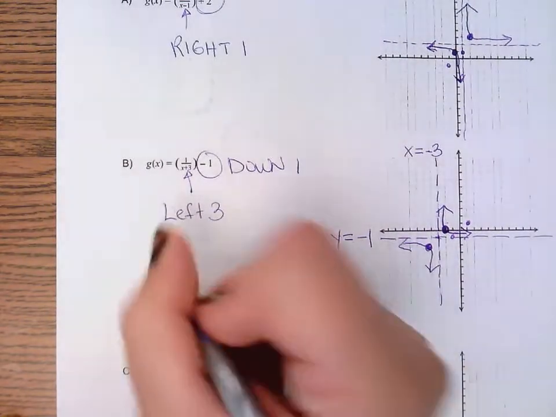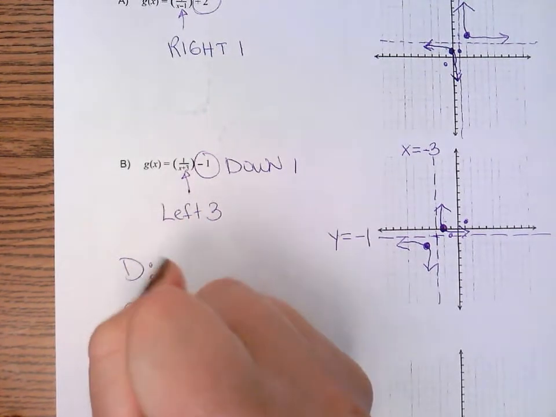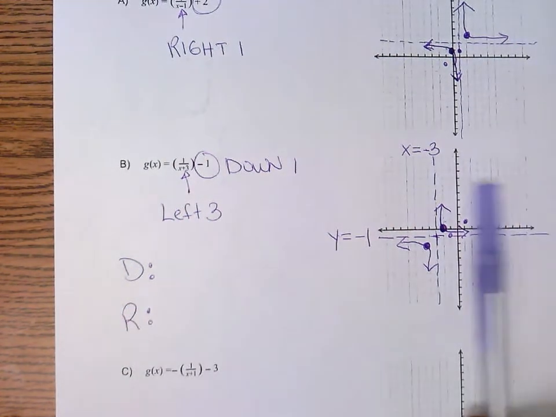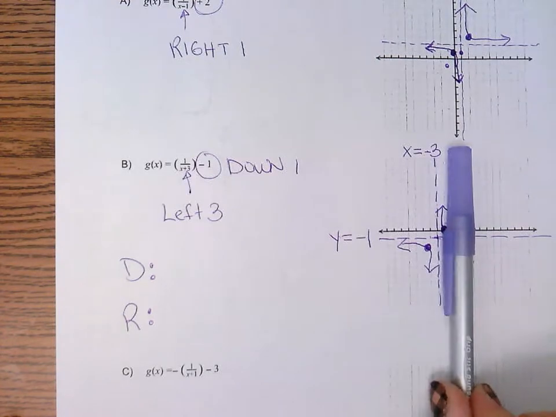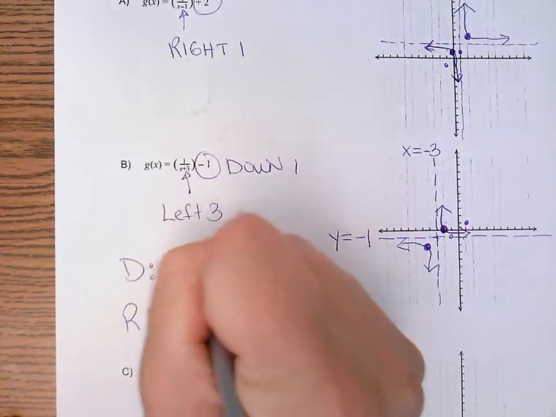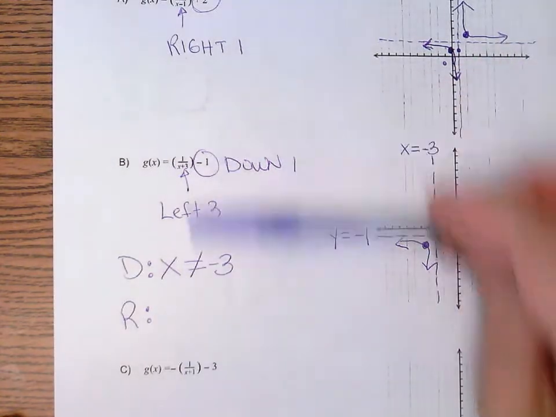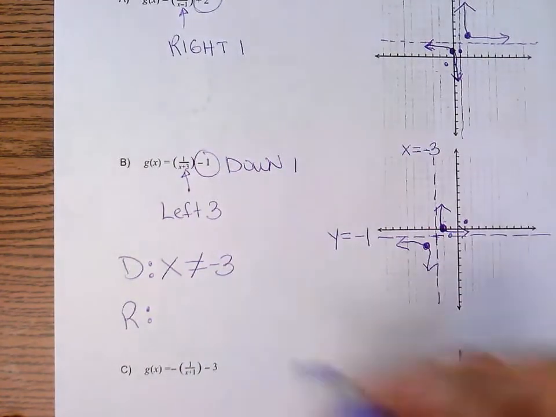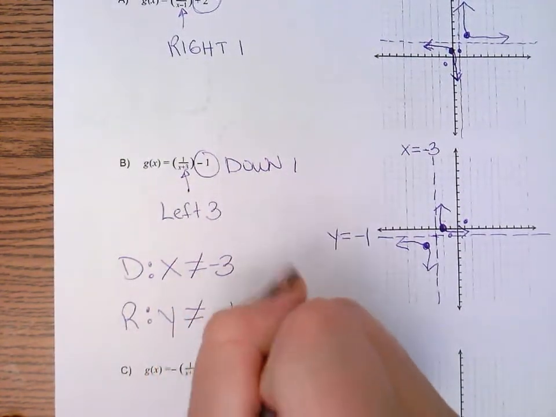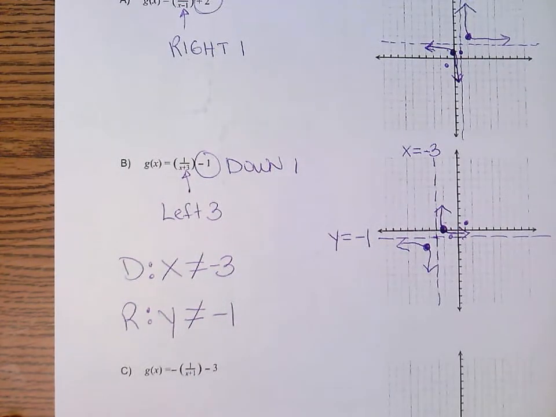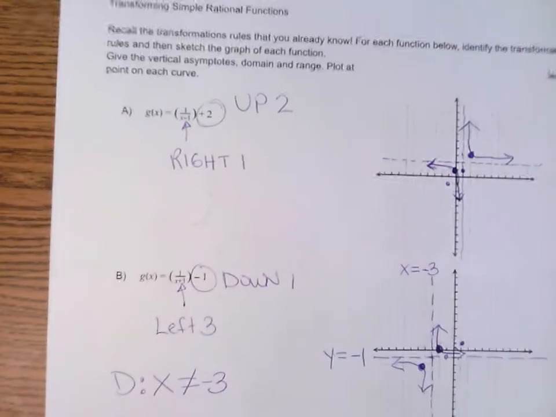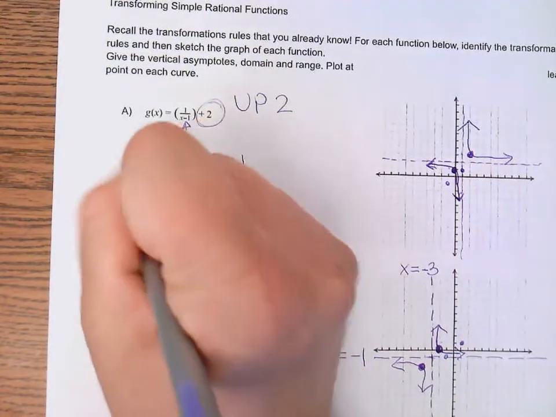So what is the domain of this function? So I can have every x value except -3. So x cannot equal -3. And I can have every y value except -1. So y can never equal -1. Let's go up and repeat the same domain and range up here.